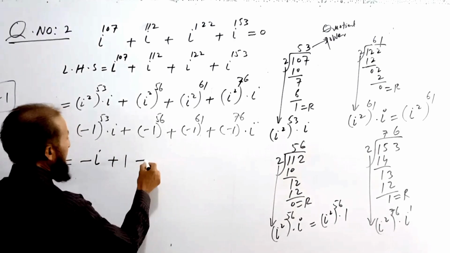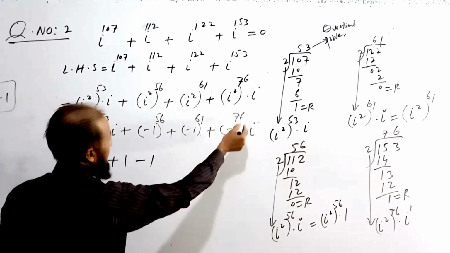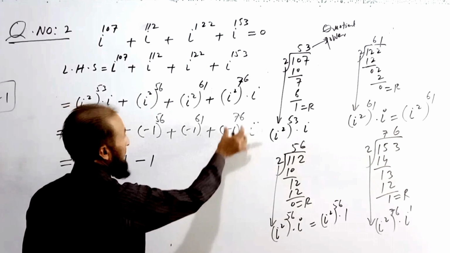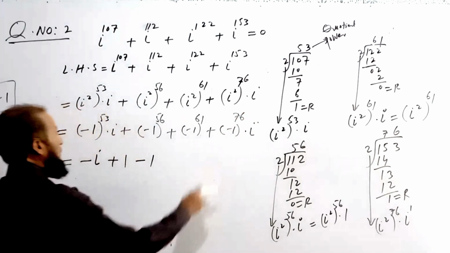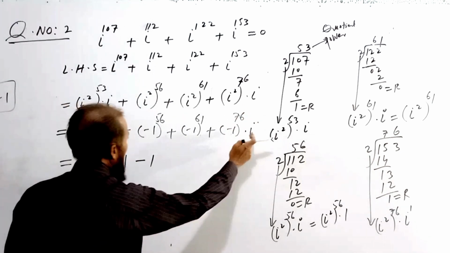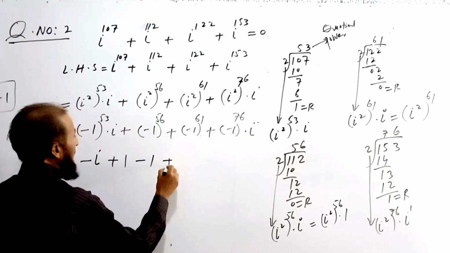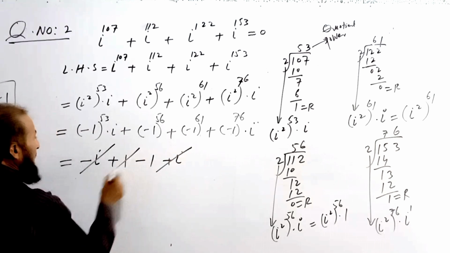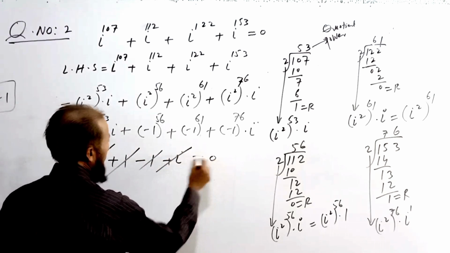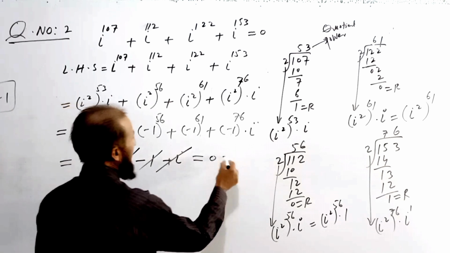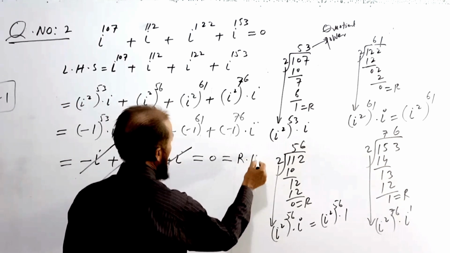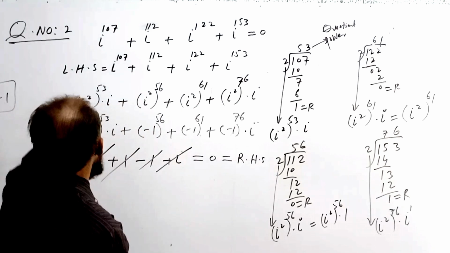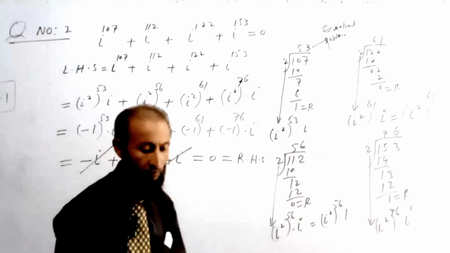Similarly, here is minus 1, and here 76 is an even number, so minus 1 multiplied 76 times gives plus 1. Plus 1 is multiplied by iota, so we get iota. So minus iota plus iota cancel, plus 1 and minus 1 cancel, so this will be equal to 0. We get the required result on the right hand side. So hence we can verify that the left hand side is equal to the right hand side.